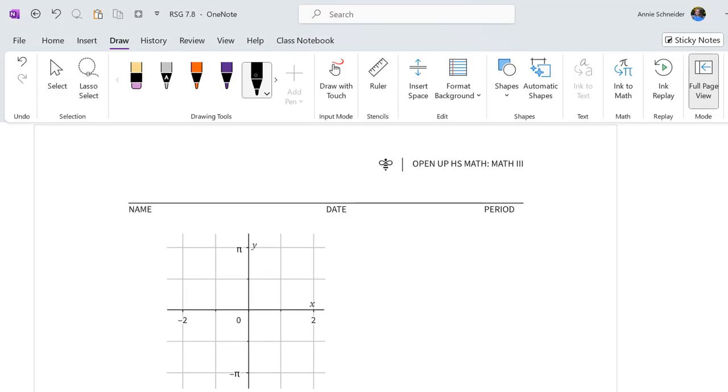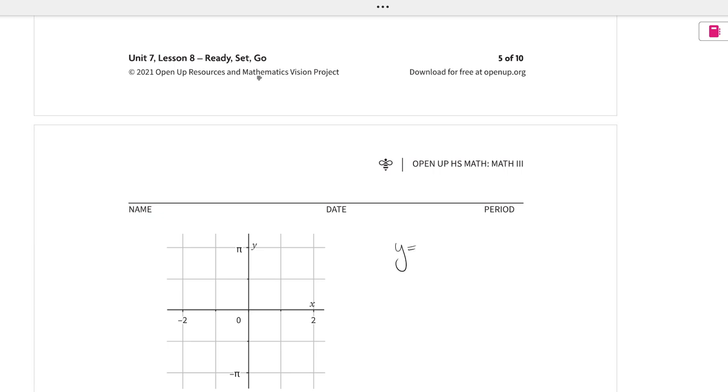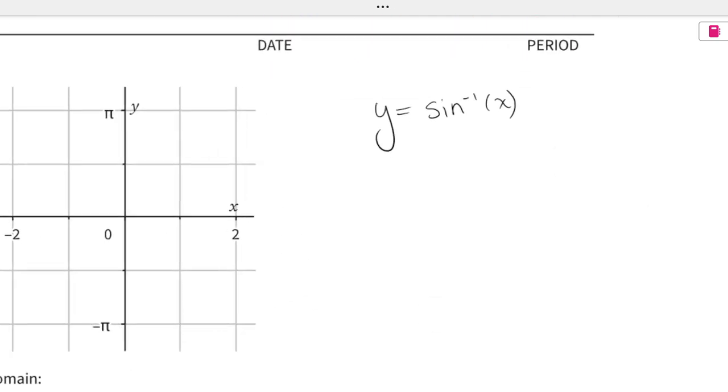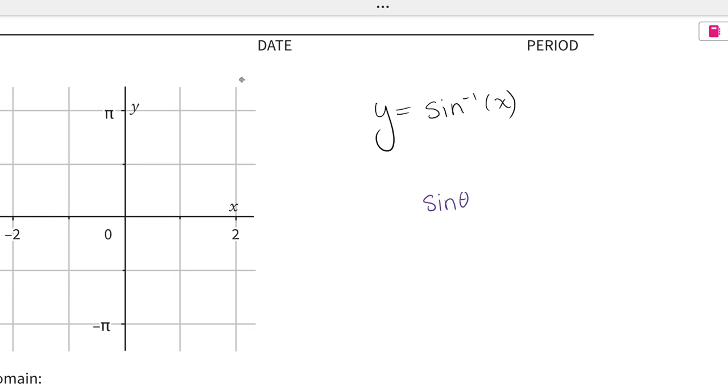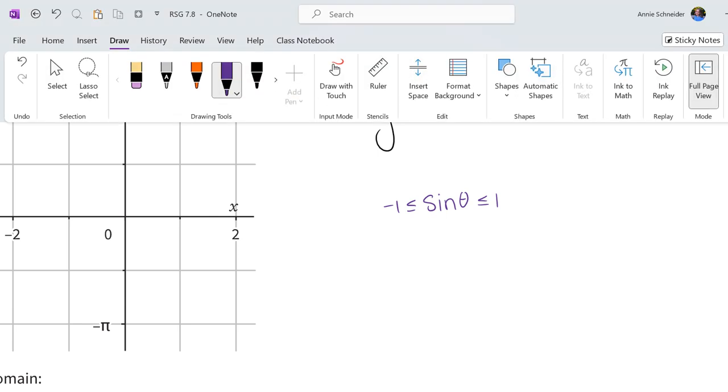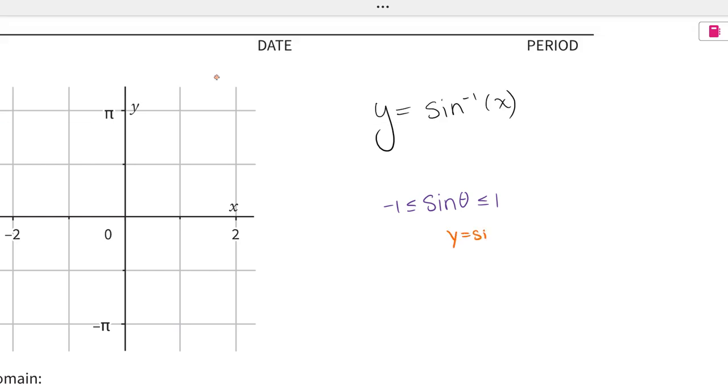So before we graph the inverse of x, let's think of just sine of theta in general, right? Sine of theta falls between 1 and -1, right? If we think of our original graph of sine of theta. So let's sketch y equals sine of theta.